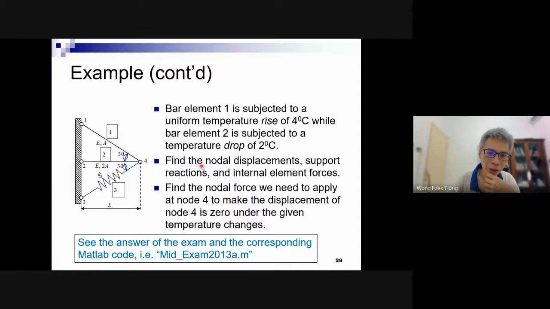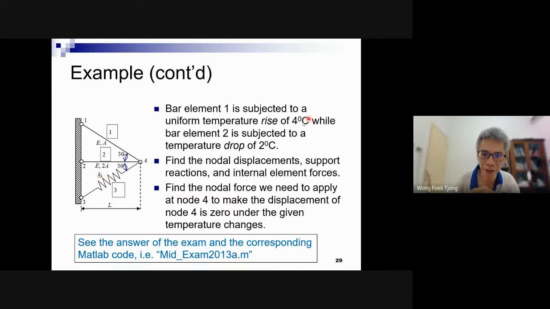The question is as usual the standard question for structural analysis: displacement, support reactions, internal force for each element. That's the first question. The second question is, find the nodal force we need to apply at this node to make the displacement of node 4 zero under the given temperature change.